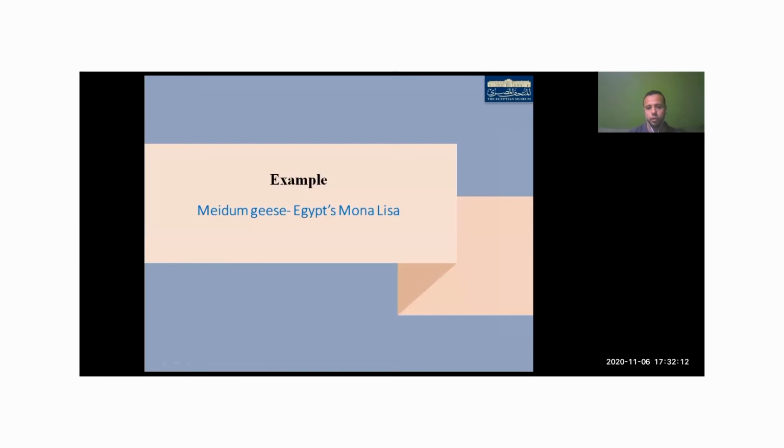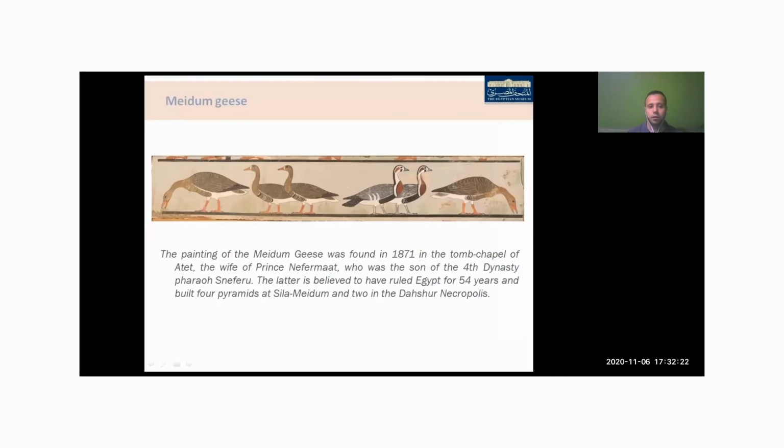We are talking now about an example. I will talk about Meidum geese. It's Egyptian, we call it the Egyptian Mona Lisa. I will talk about this painting.